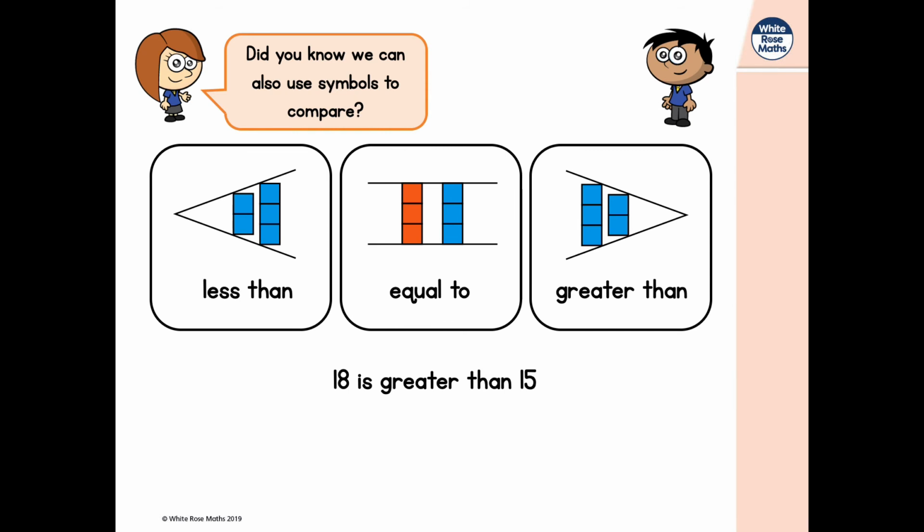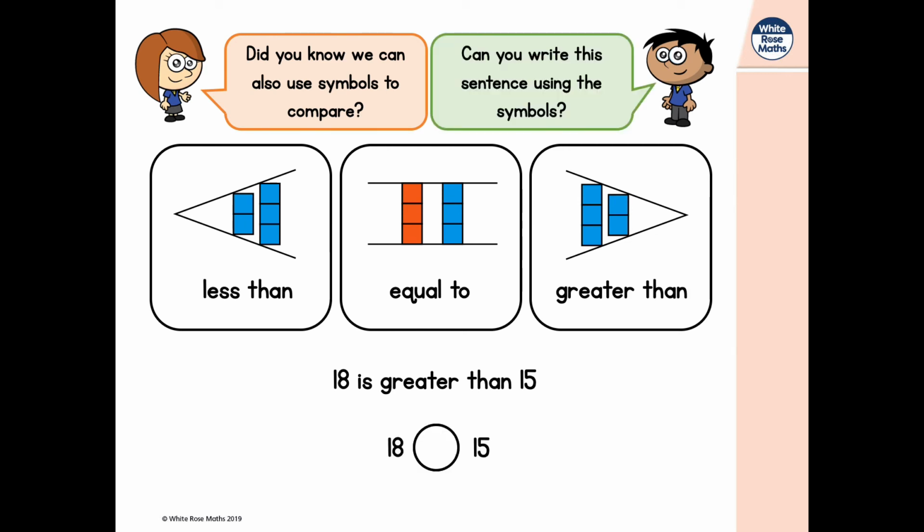So we could say 18 is greater than 15, and we use those words. But what if we wanted to use a symbol? Amir wants us to write the sentence using symbols. 18, 15.